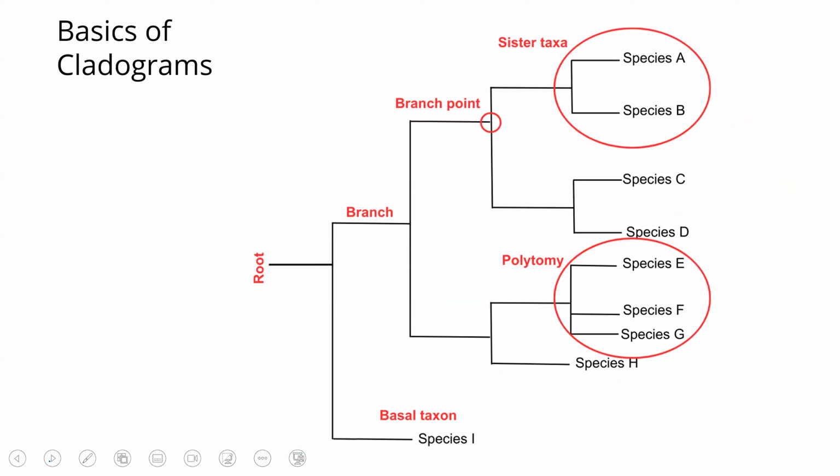The last thing we talked about were cladograms. We went over some terms. So the root here is the origin. We've got branches, we've got branch points, we've got sister taxa, etc. One of the things I want to talk about here is the basal taxon versus an outgroup.